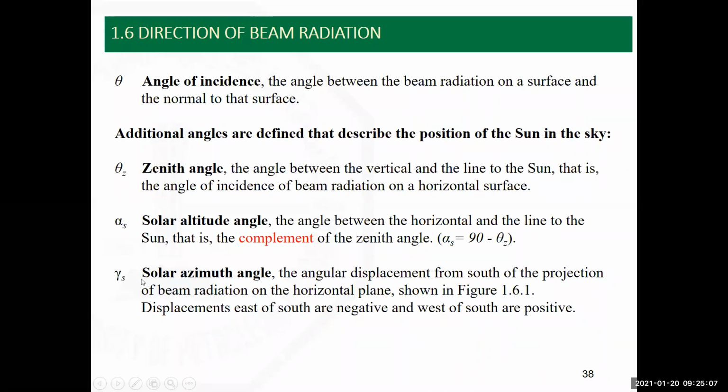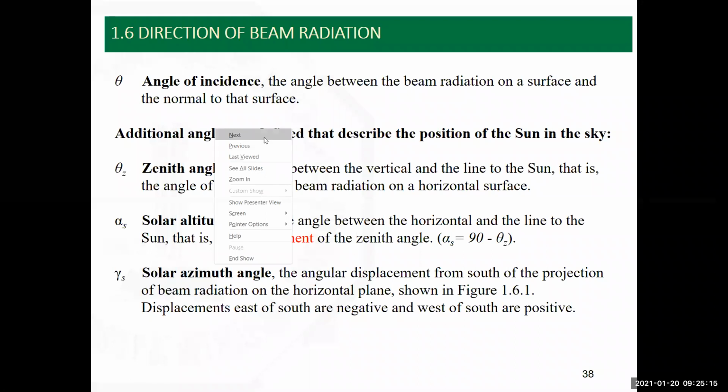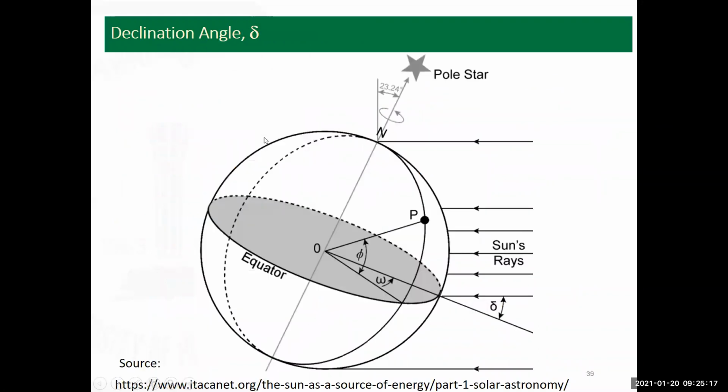And we have also seen the solar azimuth angle, which is, again, the angle between the projection of the ray of the sun and the south. Again, I'm showing the value of delta here, which is the inclination between the plane of the equator and the plane representing the solar rays coming from the sun.